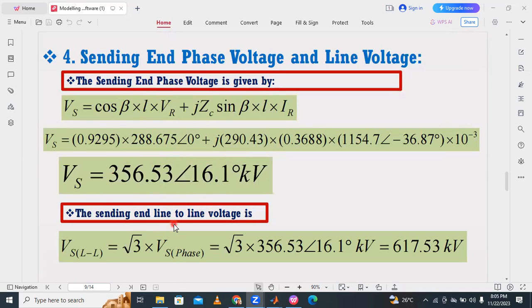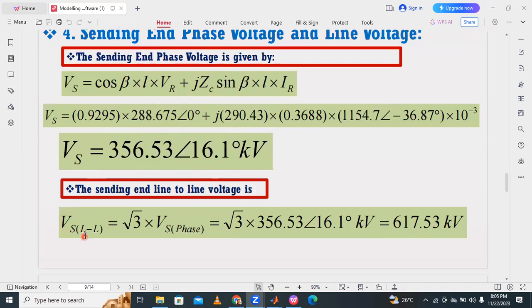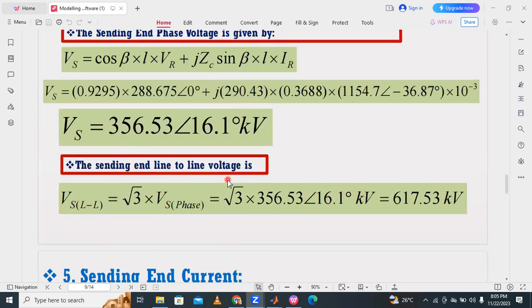Then sending end line to line voltage: VL line to line is equal to root 3 into VS phase voltage. Line voltage is equal to root 3 times the phase voltage, that is root 3 into 356.53. By substituting here, we get 617.53 kilovolts. This is called sending end line voltage.